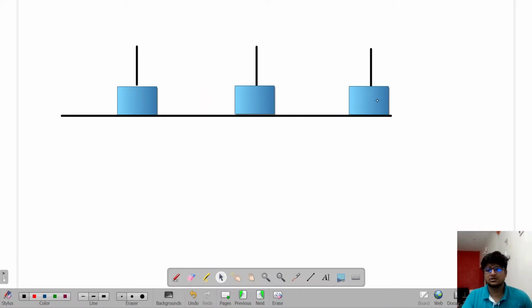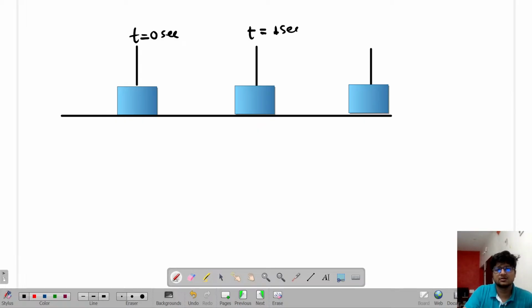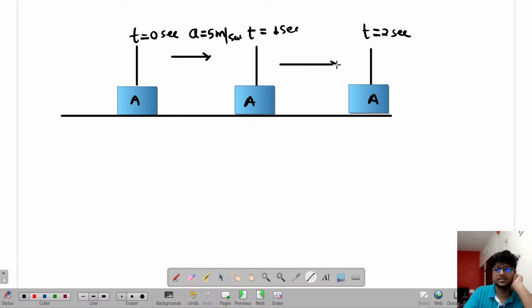This block is present at three different times: t equal to 0 seconds, t equal to 1 second, and t equal to 2 seconds. In the first region I applied an acceleration of 5 meter per second square, and in the next region I applied an acceleration of 2 meter per second square.